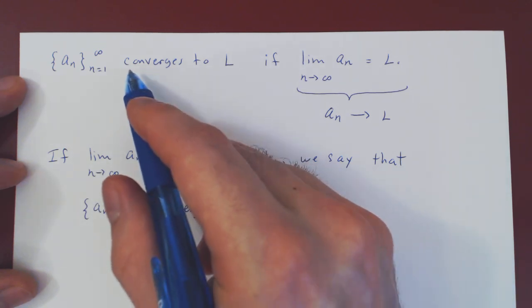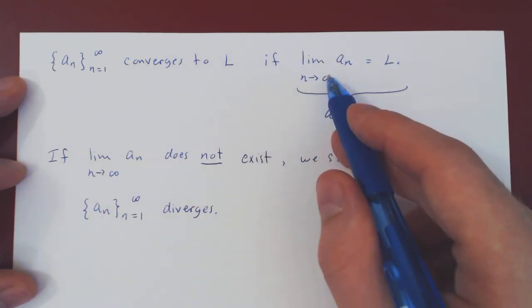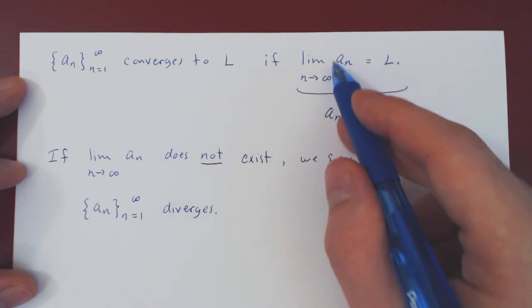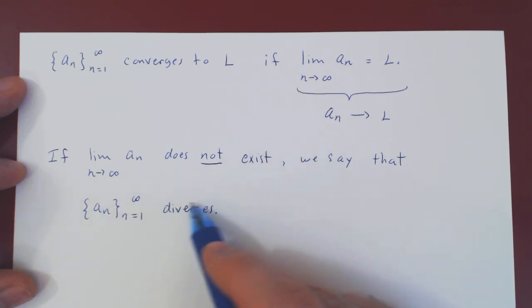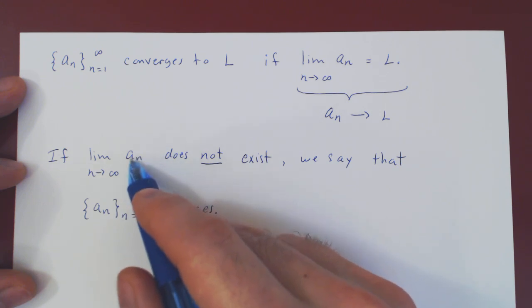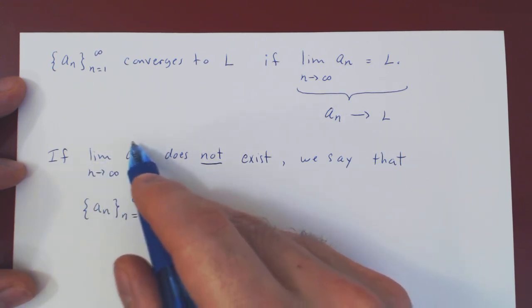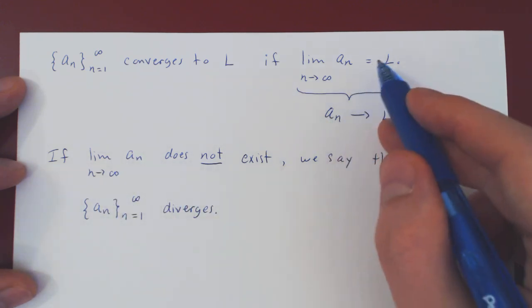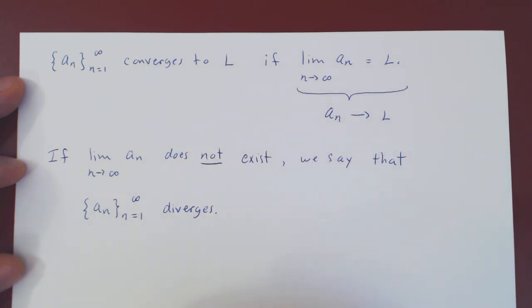So again, convergence means the limit does exist. As n goes to infinity, the terms of our sequence are getting closer and closer to a fixed real value. If we say the sequence diverges, quite simply, the limit of the terms as n goes to infinity does not exist. So our terms are not approaching a fixed real value. Again, a very intuitive definition.